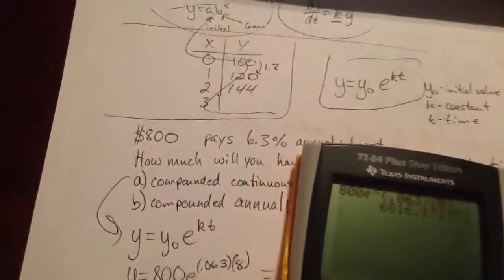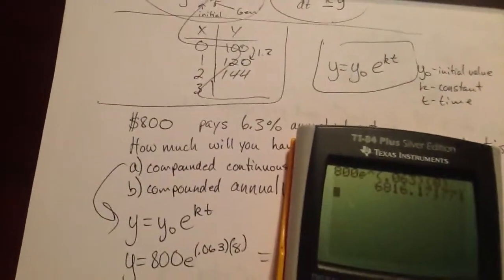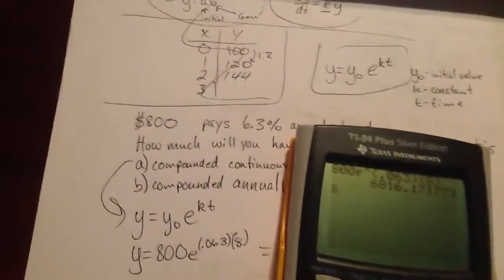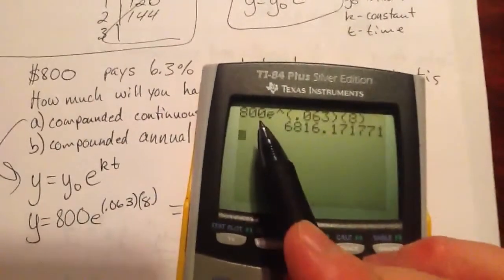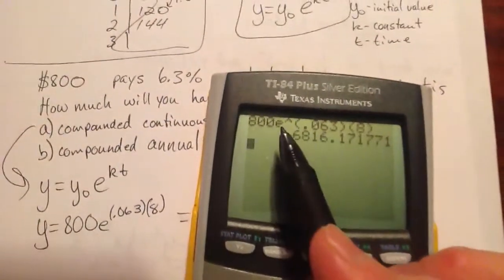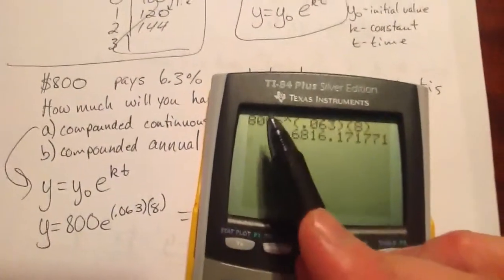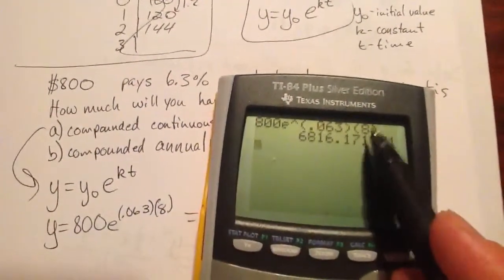What? This is not right. $6,000? I don't think so. I know why. If you punch it in the way I did, the calculator will do e to the 0.063 power, then multiply by 800, and then multiply by 8.